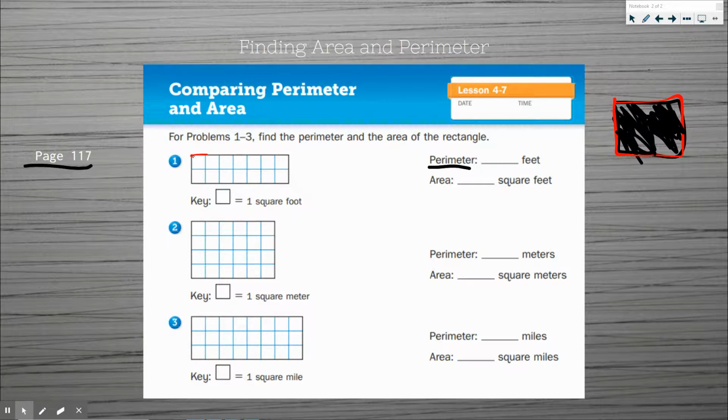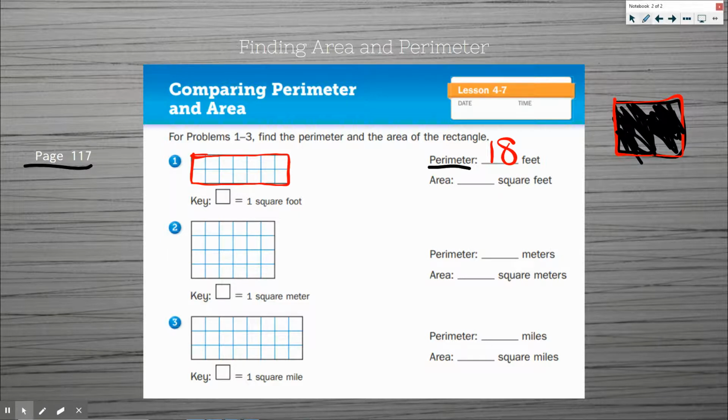So I'm going to count 1, 2, 3, 4, 5, 6, 7, 8, 9, 10, 11, 12, 13, 14, 15, 16, 17, 18. So my perimeter is 18 feet. That is how far it took me to go around that rectangle. So it is 18 feet.